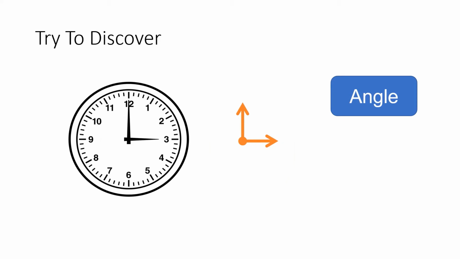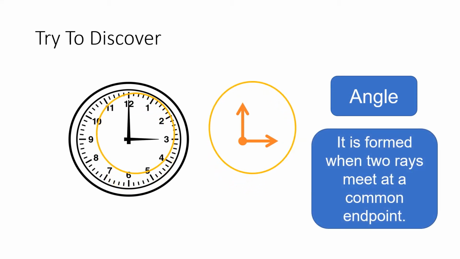When two rays meet at a common endpoint, they form a new geometric figure, which is the angle. An angle is formed when two rays meet at a common endpoint called the vertex. Thus, the hands of the clock represent a geometric figure called an angle.